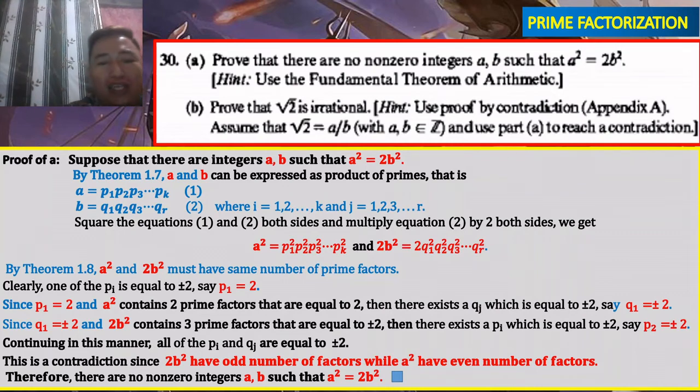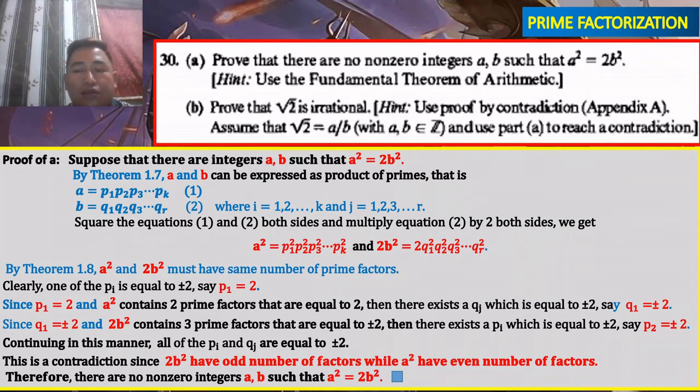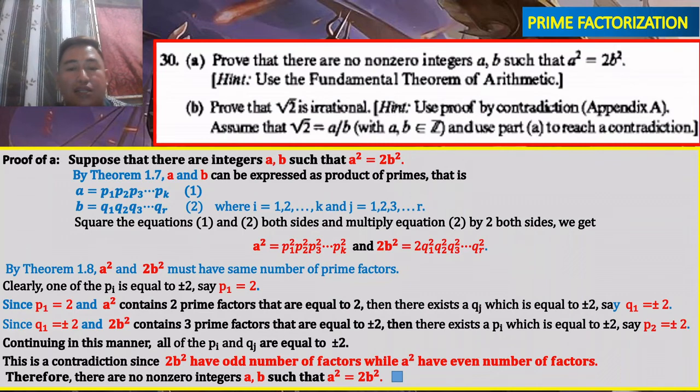Sa Theorem 1.7, so ganitong requirement dito. Para ma-product ka og primes, dapat dili ka equal sa 1. No? Dili ra non-zero. So, dapat dili ka equal ni 1.